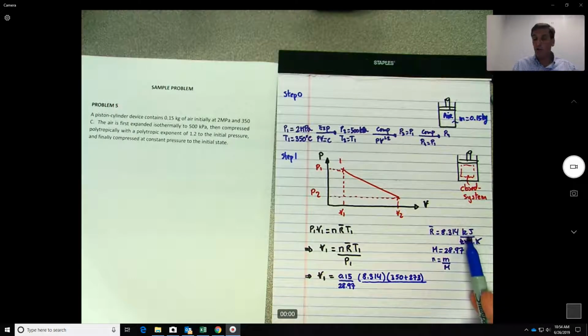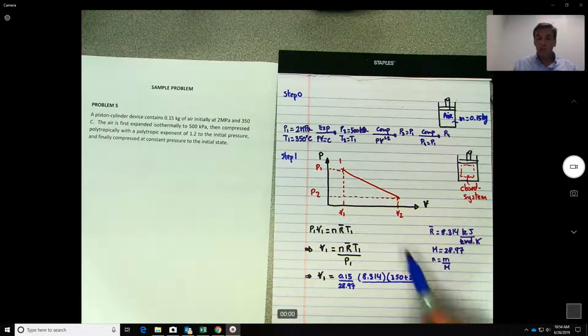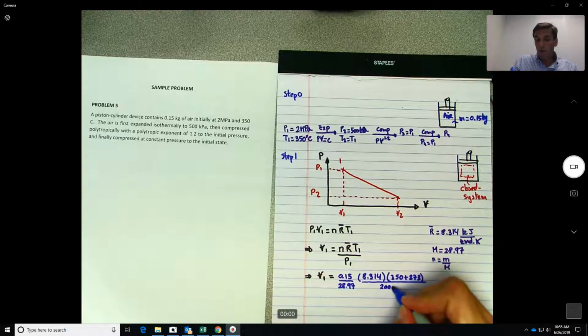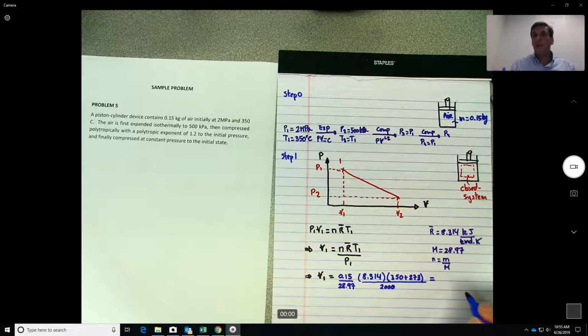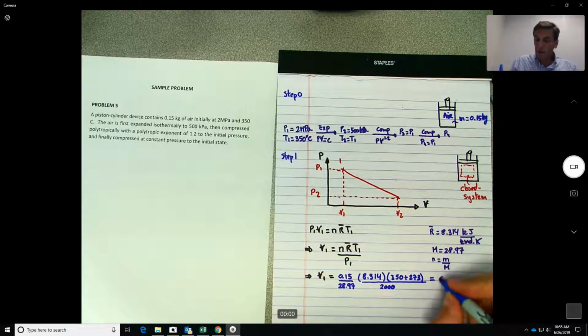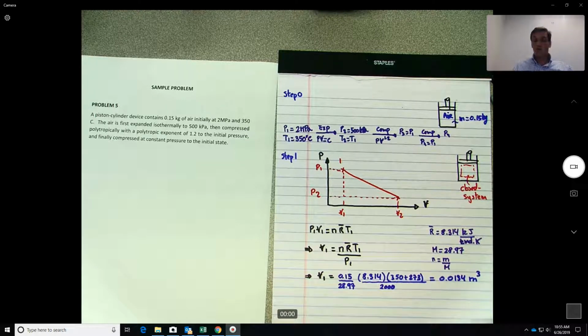But look at the units, we have kilojoules, so we need to transform the 2 megapascals into kilopascals, so that will be 2000 kilopascals. If you do this calculation, you will get about 0.0134 cubic meters.